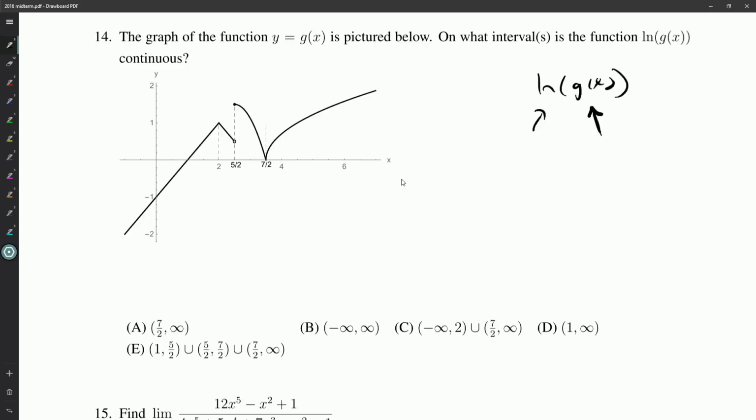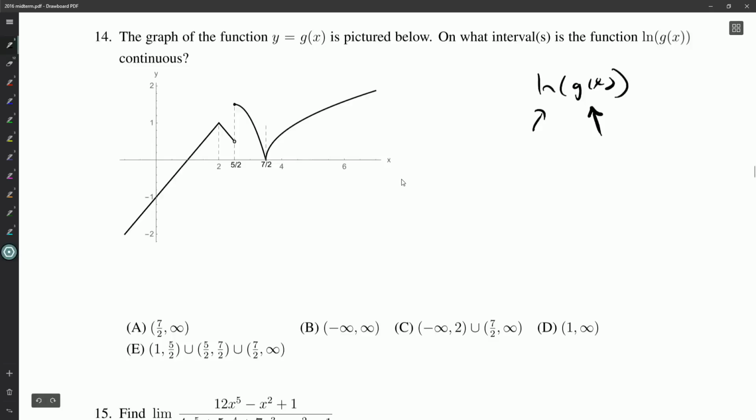Okay, what else can we note and observe? Well, the problems are sort of happening in here, near 2, 5 over 2, 7 over 2, and 4. We also might think, well, what values can you plug into ln?